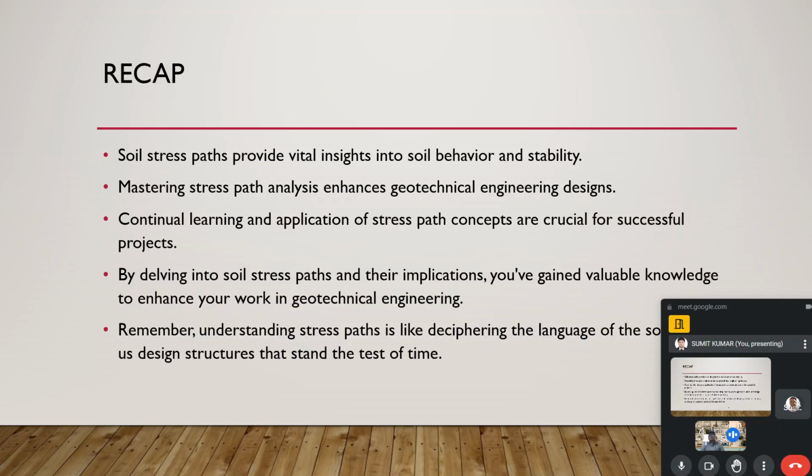When we recap this section, the soil stress path provides vital insight into soil behavior and stability. Mastering stress path analysis enhances geotechnical engineering design, and continual learning and application of stress path concepts are crucial for successful projects. By delving into the soil stress path and its implementation, you can gain valuable knowledge to enhance your work in geotechnical engineering.